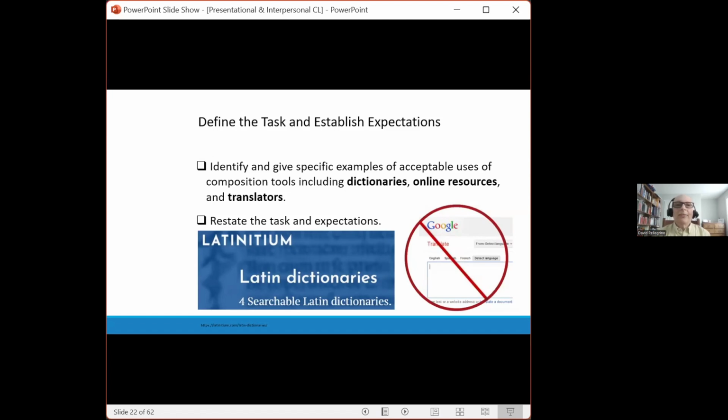What are the ethical uses of dictionaries and translators? And what are non-ethical uses of these tools? And then you make those expectations clear. Finally, restate what the task is with all the expectations that you've defined very carefully, and then you set them loose to start working on the task.